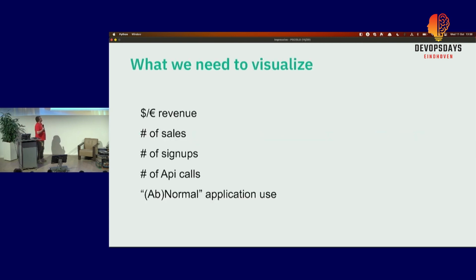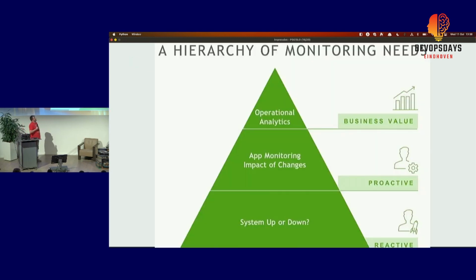And that means we need to talk business. Right? These are business decisions. So we actually need to talk to our salespeople, because if we see our revenue go down, or our number of sales goes down, or our signups go down, that's when we actually are in trouble. So we need to start looking in these top 2 thirds of the pyramid.